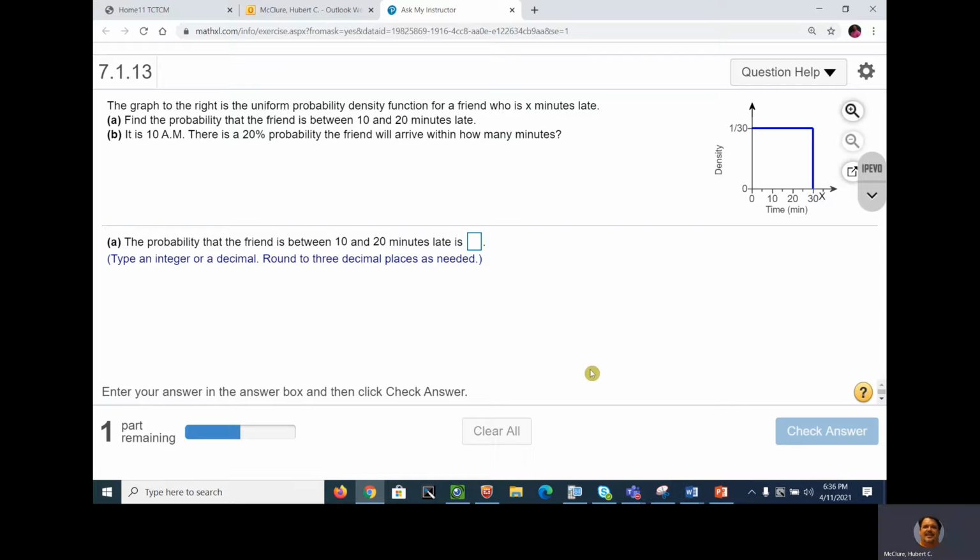I'll draw a representation of the graph over on my white sheet. This one does give us a height of 1/30. We know that the area is 1.0000, and our base is 0 to 30.